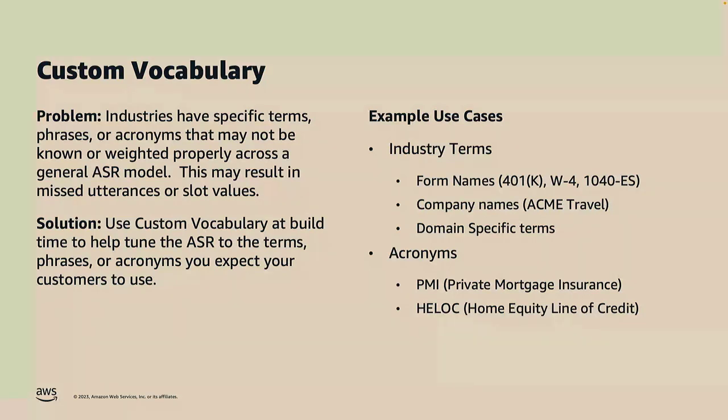So if you had a scenario where, for instance, you're a financial services organization and your customers are saying PMI, meaning private mortgage insurance, you can use custom vocabularies to correctly transcribe that acronym, but also to translate that to the full-length, non-acronymized phrase of private mortgage insurance.